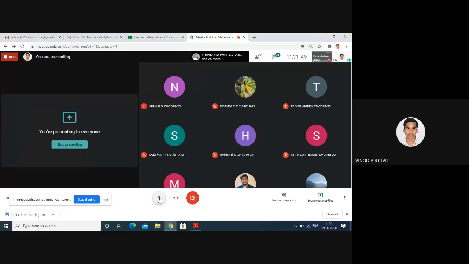Load bearing structures and non load bearing structures. So load bearing structures withstand the load. In load bearing structures, load is on the walls, sir. In non-load bearing structure, it's on pillars, sir.